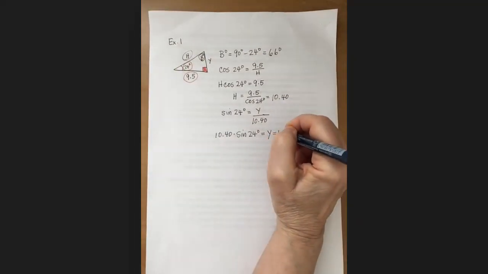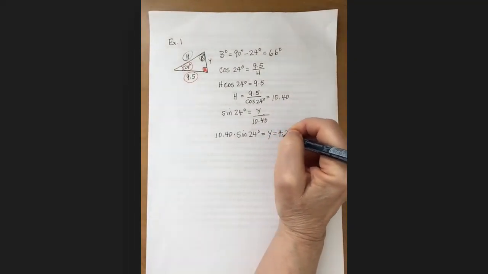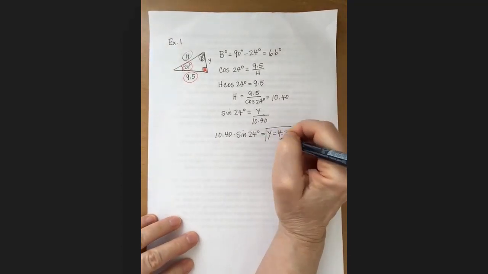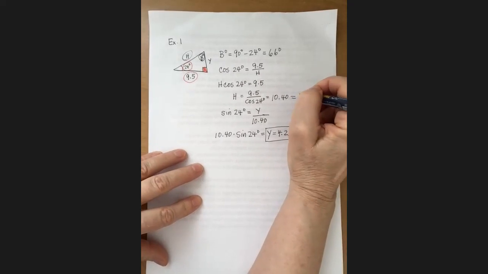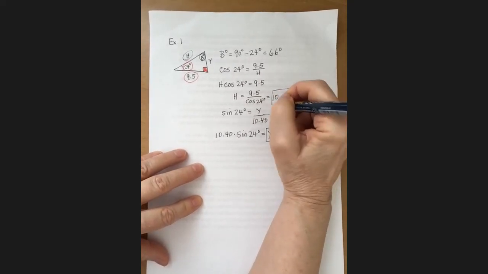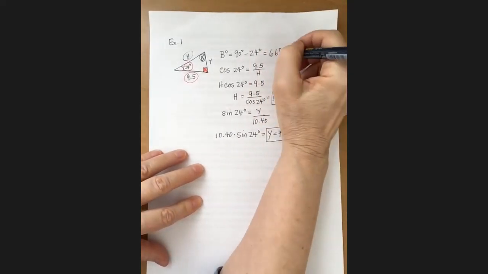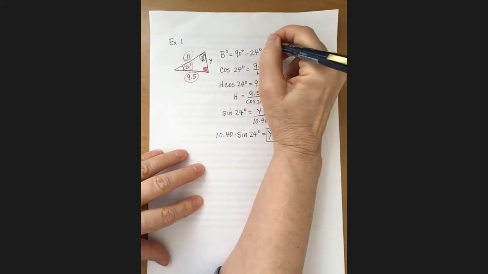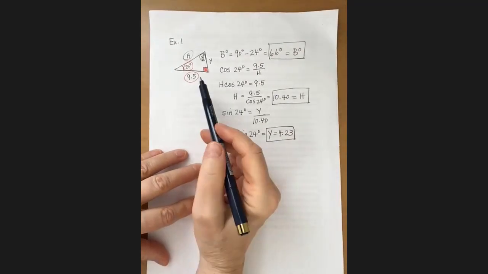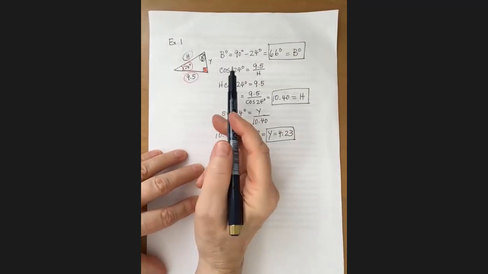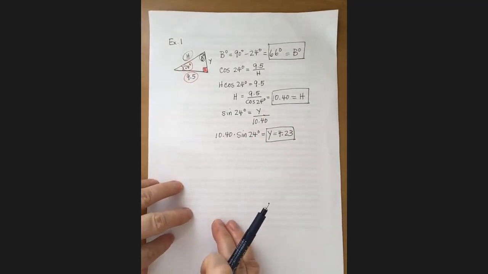So y equals 4.23. And H is 10.40. And B is 66 degrees. So we have solved this triangle. Now bear in mind, when I draw this, I'm drawing any old right triangle. I'm not trying to draw it to scale.